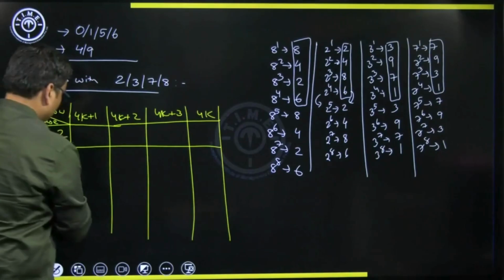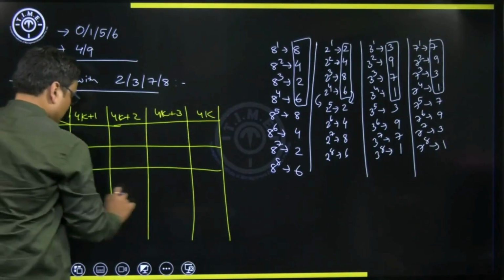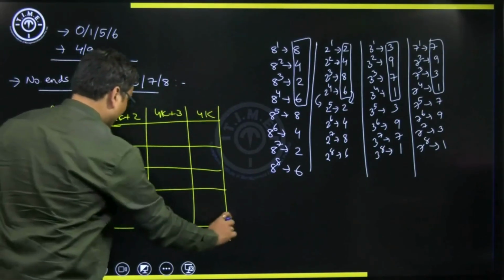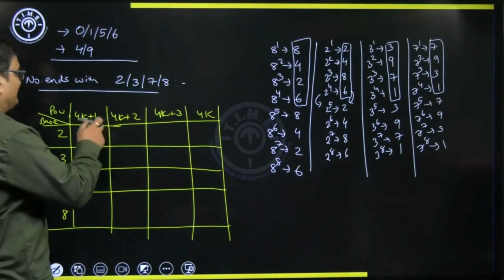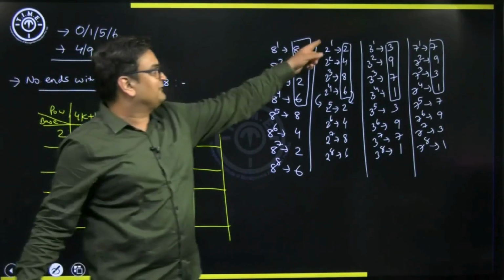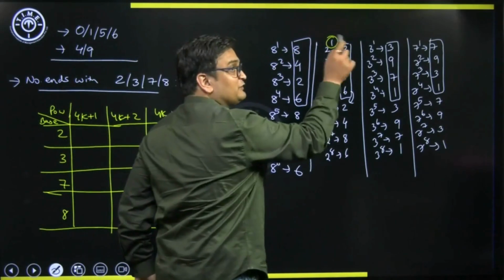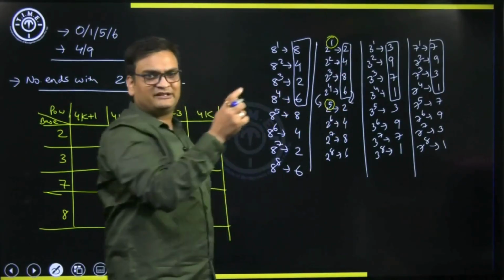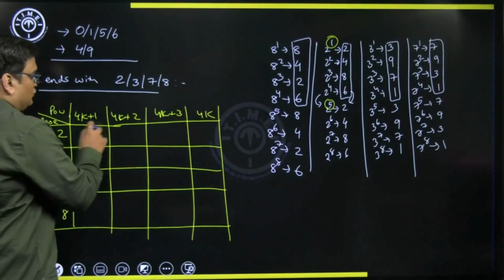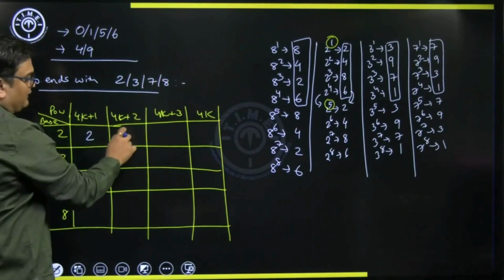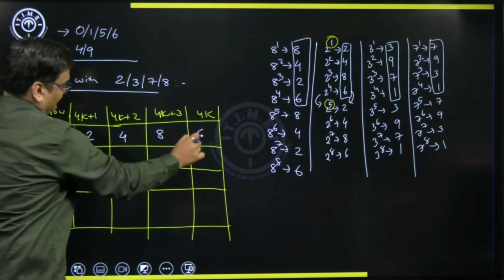If you just follow the list that we have generated for 2, 3, 7 and 8, for all of them we can find the units digit easily. For example, for 2, what will be the units digit if the power is of the 4k plus 1 form? 2 power 1, I need to check, 4 into 0 plus 1, and 2 power 5, I need to check. In both cases it's 2. For 2 to the power 4k plus 2, it's 4, then it's 8, then it's 6.